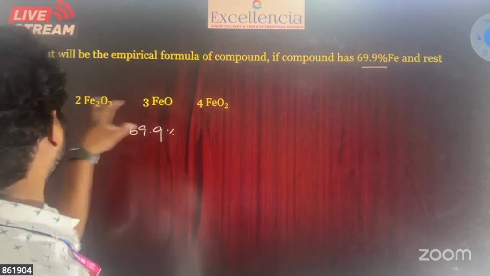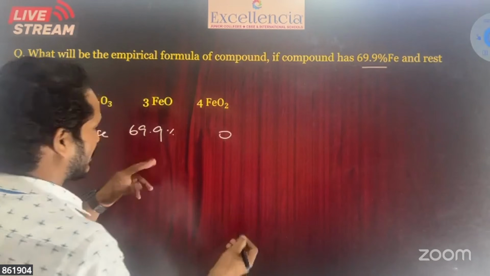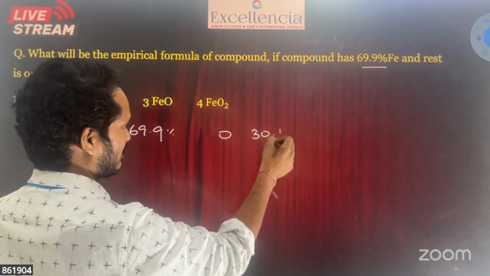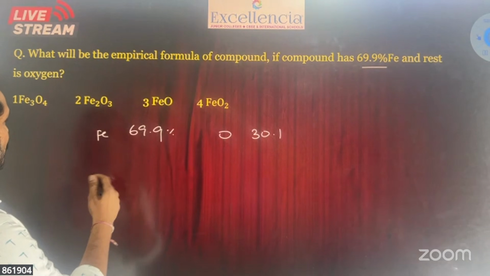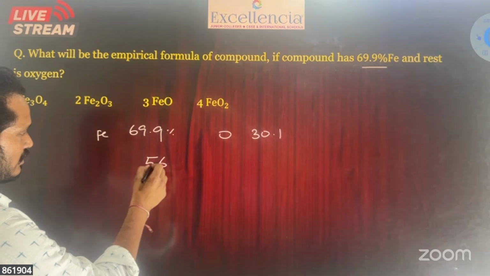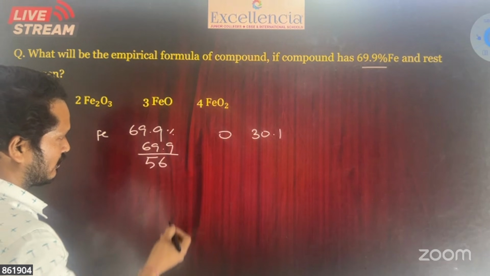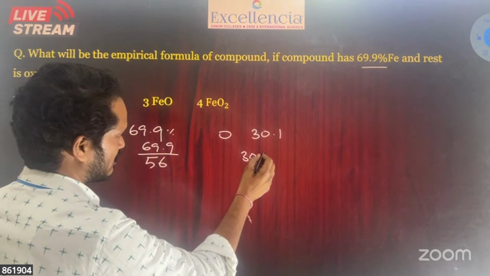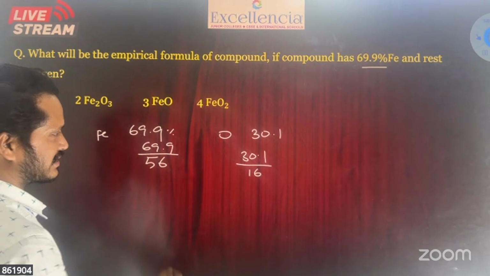The rest is oxygen, so oxygen is 30.1%. We convert these into number of atoms by dividing by atomic weight. For oxygen, 30.1 divided by 16, since the atomic weight of oxygen is 16.